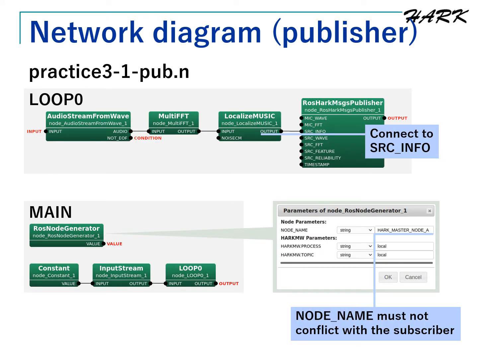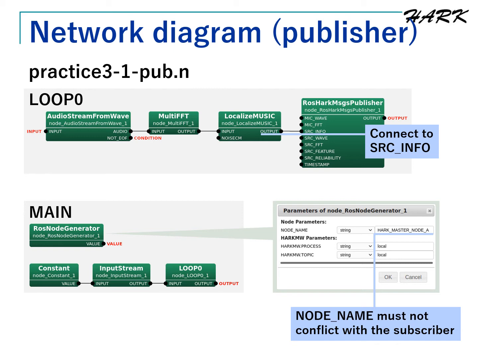This is a network diagram of the publisher node. Like practice 1, it consists of a MAIN subnet and a LOOP0 iterator. LOOP0 uses a node called ROS HARK messages publisher. Since the sound source localization will be published, connect the output terminal of LocalizeMUSIC to the SOURCE_INFO terminal of ROS HARK messages publisher.